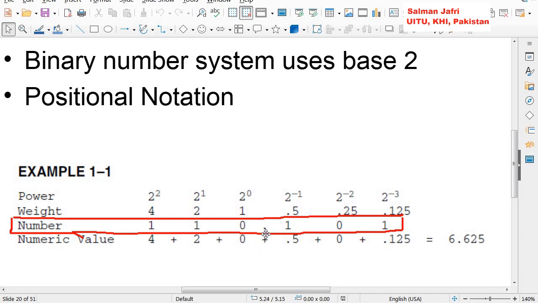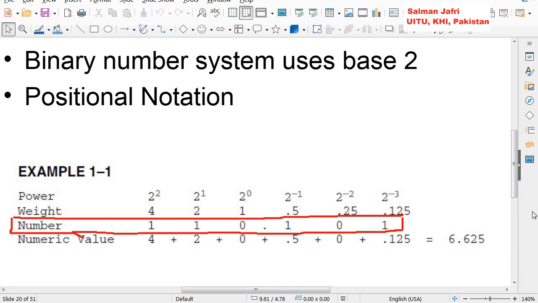That values to the left of the decimal point begin with powers of 2: 2 raised to power 0, 2 raised to power 1 and 2 raised to power 2. So the weight of this point at the left of the decimal is 2 raised to power 0, which is 1. Of this point is 2 raised to power 1, which is 2. And at this point it is 2 raised to power 2, which is 4.